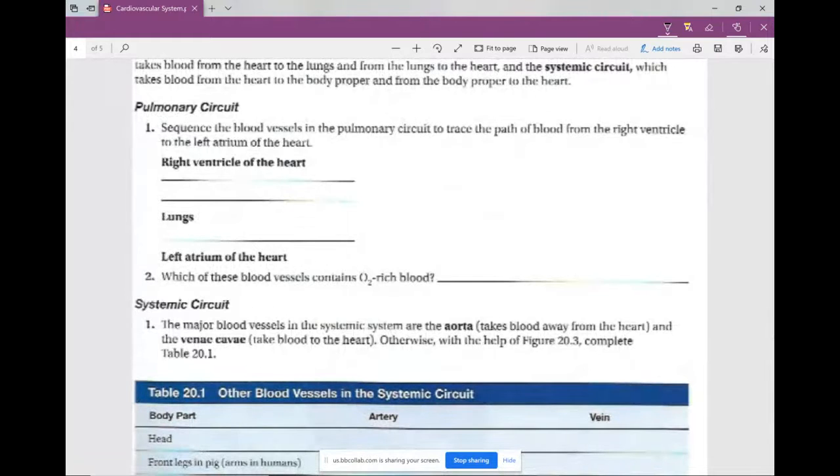Okay, sequence the blood vessels in the pulmonary circuit to trace the path of blood from the right ventricle to the left atrium of the heart. Right ventricle of the heart into the pulmonary trunk.